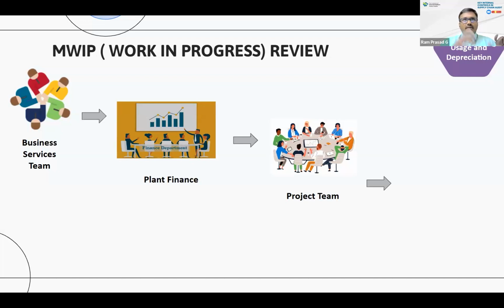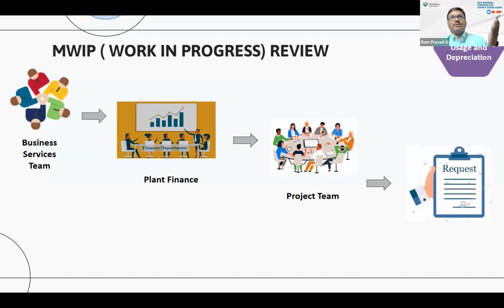Review all the WIP ledger and see if any of the assets are ready and put to use. And also review the CEC, the project spend as a whole. I was mentioning it, right?